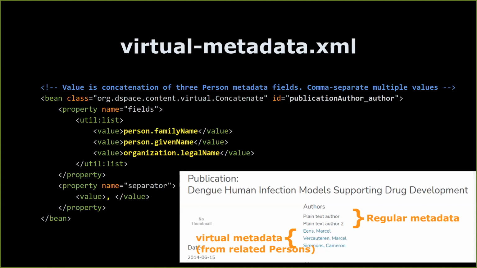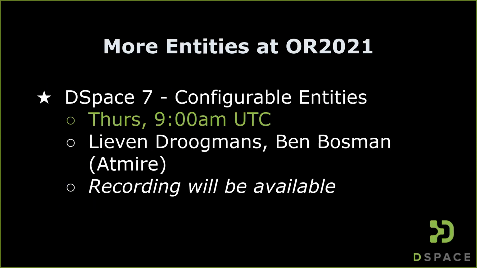On an entity, you may see some authors come back as plain text where they're not linked, whereas other authors might be hyperlinked, which implies that they are an entity and you can click on them to jump right to their profile page. So that allows us to intermix that virtual metadata alongside that regular metadata. And again, it's totally configurable.